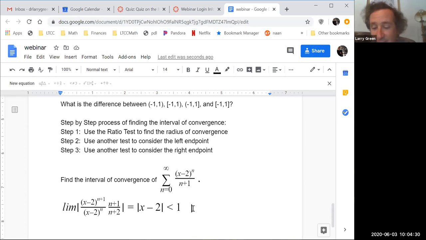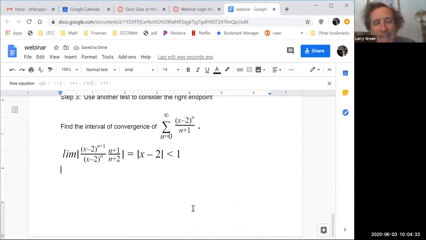Okay, so now we got to go back to your beginning algebra, and you got to remember how to solve absolute value inequalities. What does that tell you? So what must x be? And remember how to do that? You set them equal: x minus 2 equals 1. By the way, if x minus 2 equals 1, what do you get?